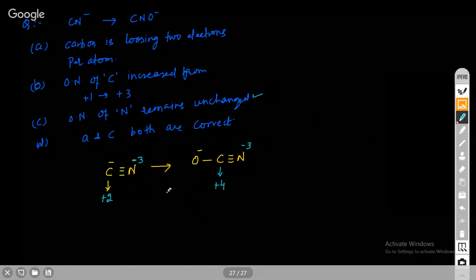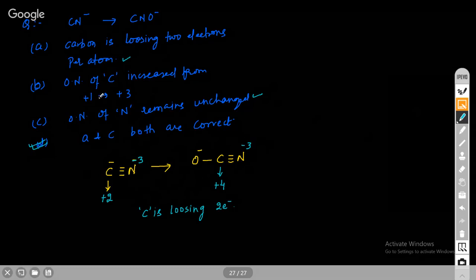It means carbon is losing electrons. How many electrons? 4 minus 2, 2 electrons. It means carbon is losing 2 electrons, so option A is also correct. Our answer will be option D.